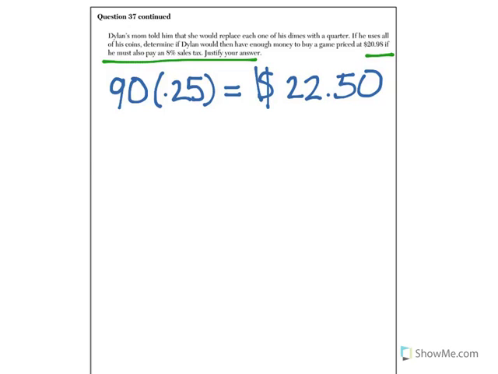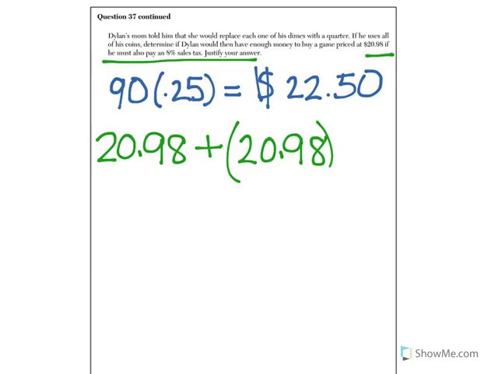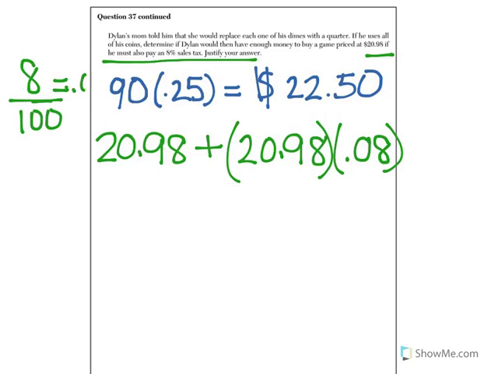So to figure out the sales tax, we're going to start with how much the game cost, this $20.98, and we're going to add that to the cost of the game, $20.98, once we multiply it with this 8% sales tax. And 8% as a decimal is 0.08. And if you're confused as to where I got that, I took 8%, I divided it by 100 because all percents are out of 100, and when I do that, I get 0.08.